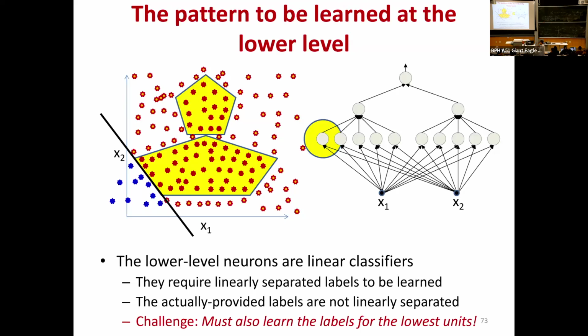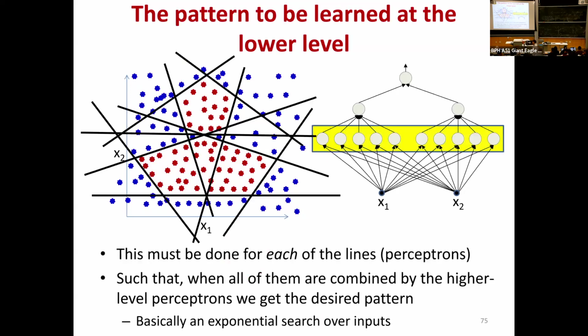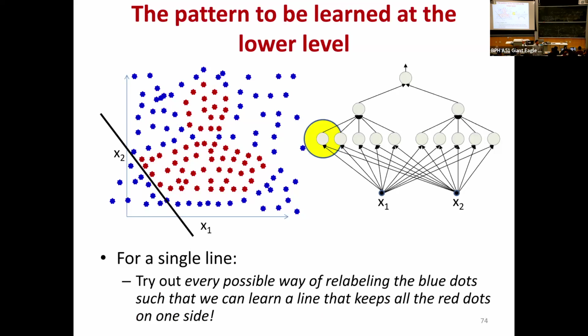And that's a combinatorial problem. And so for a single line, we have to try out every possible way of relabeling the blue dots such that we can learn a line that keeps all the red dots on one side. And that's when I've given you the entire network.